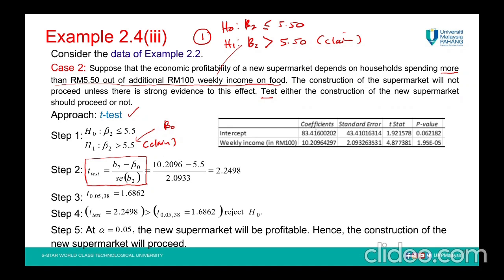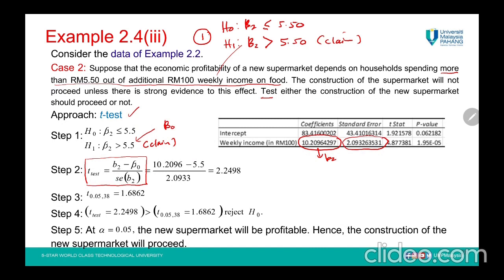The value of B2 and the standard error of B2 can be obtained from the coefficient table of the simple linear regression Excel output.